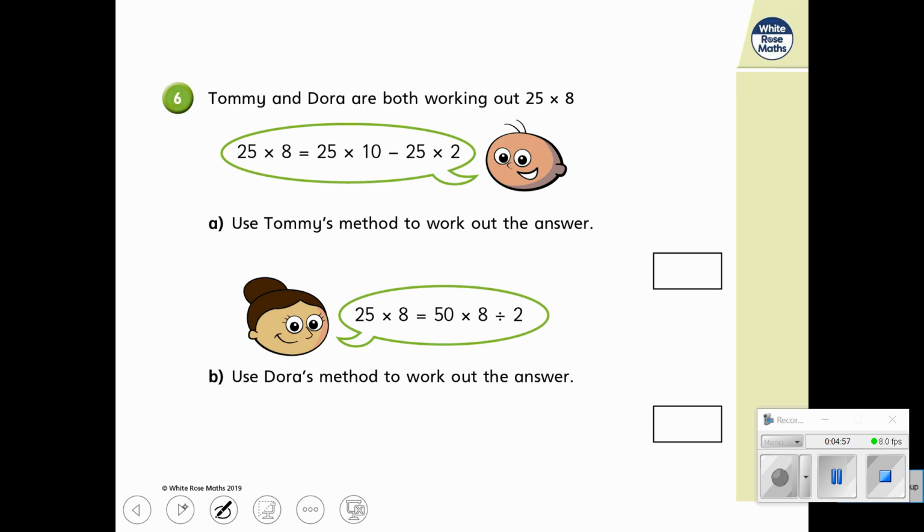Okay, so now we've got Tommy and Dora, who are both working out 25 times 8. And look, they've both got a different method. So what we're going to do is look at the two different methods and see which one we like best. Let's look at Tommy first. Tommy has 25 times 8.